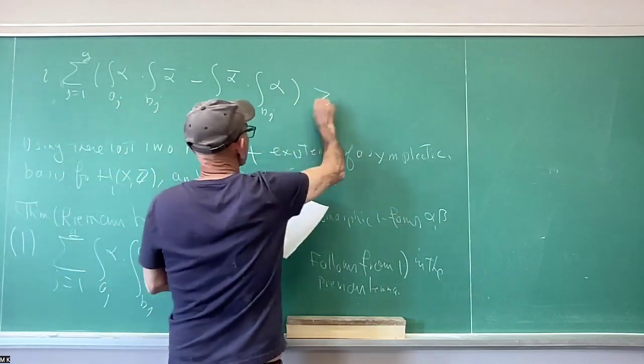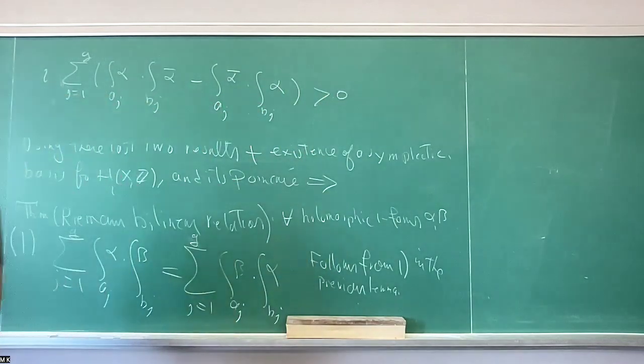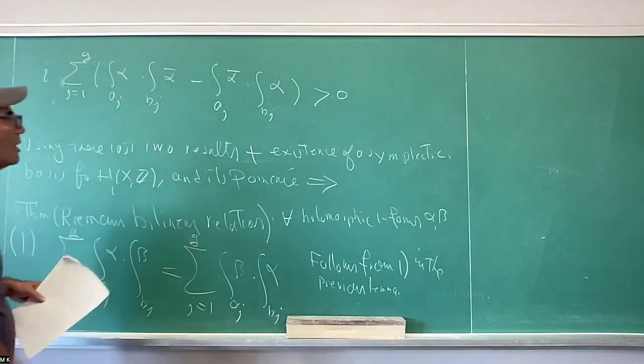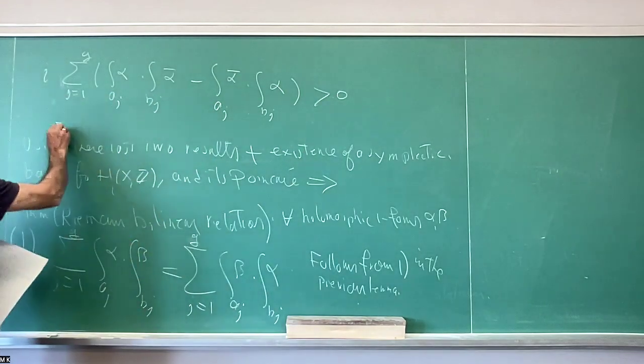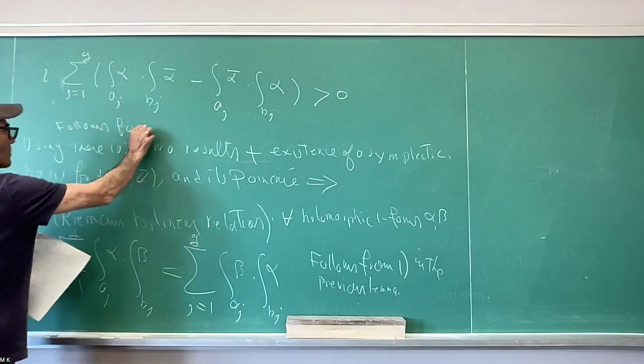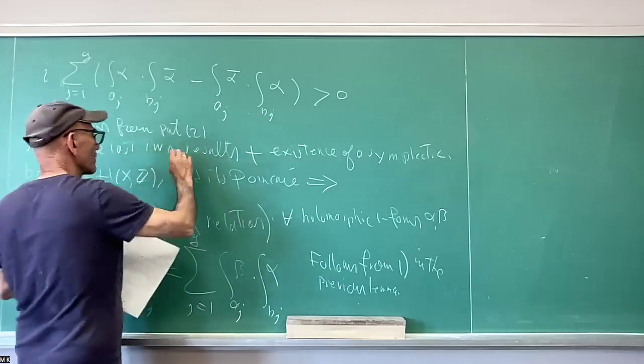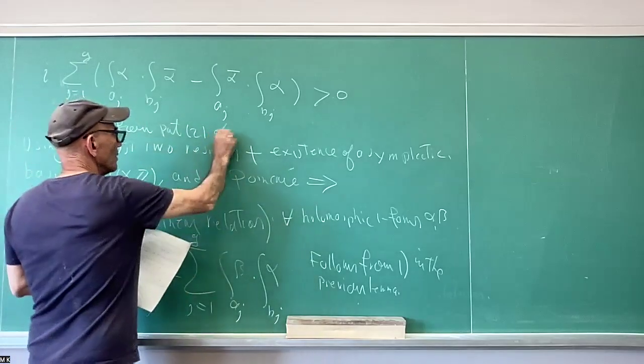This is positive. And as you can see, its structure is exactly like the second part of the previous one. So this follows from part 2 of the previous lemma.